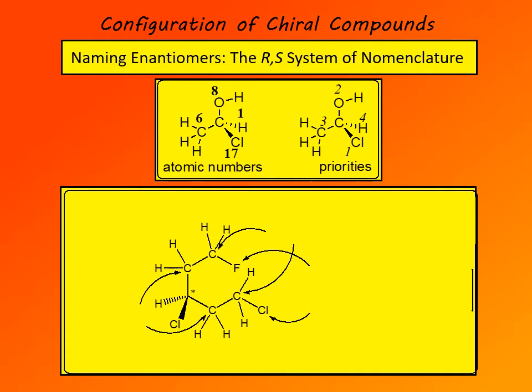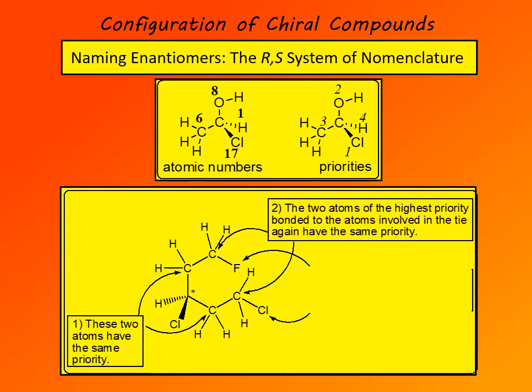But with these two larger chains, the question is which has priority 2, which has priority 3. So two carbons have the same priority. We follow in each chain the path of the highest priority. So to each carbon, the atom of the highest priority that is attached to each carbon is another carbon. And so we again have a tie. So the second atom of the highest priority in each chain is another carbon atom.